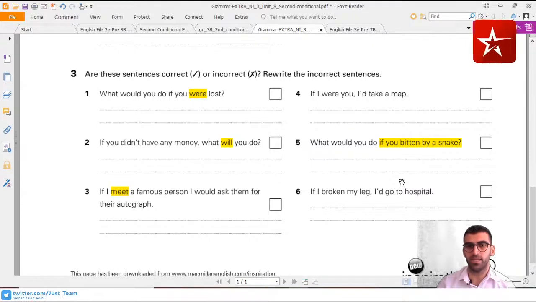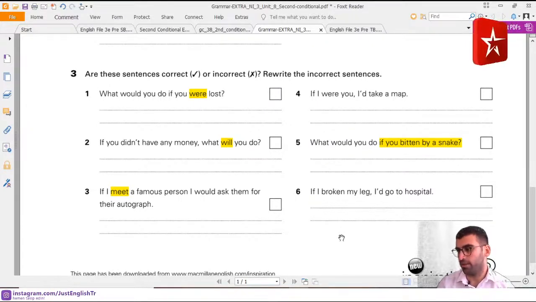All right, and number 6, the last sentence here. If I broken my leg, I would go to hospital. Is it a correct or incorrect sentence?